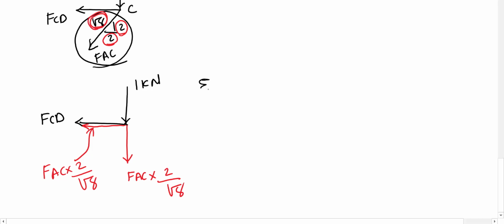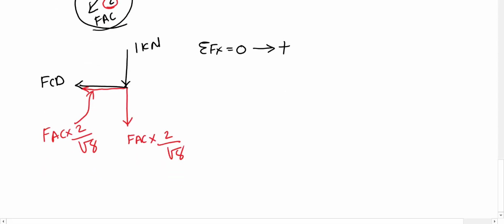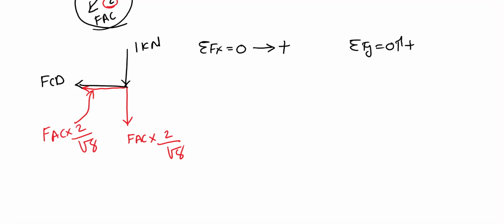Now we can apply sum of forces in the x direction equal to 0, left to right is positive, or we can apply vertical equilibrium first, upward is positive. In this case, for the vertical, 1 is going down, so minus 1, FAC going down, so minus FAC times 2 over square root 8 equals 0.